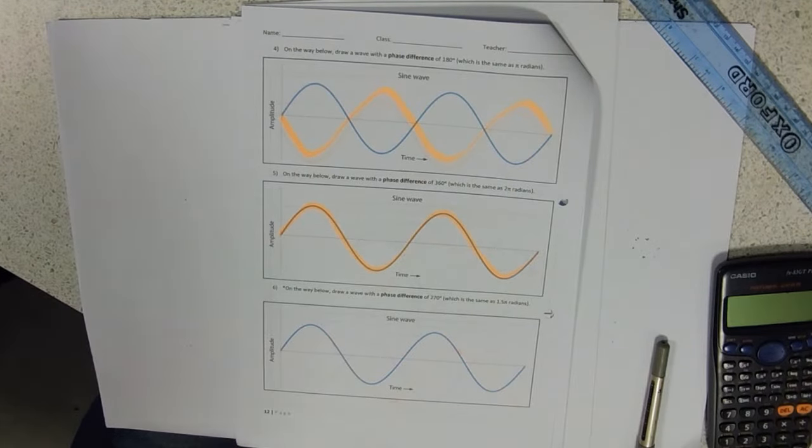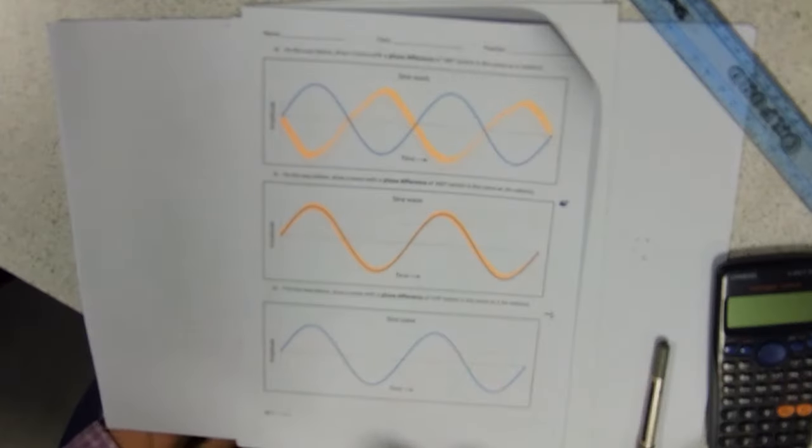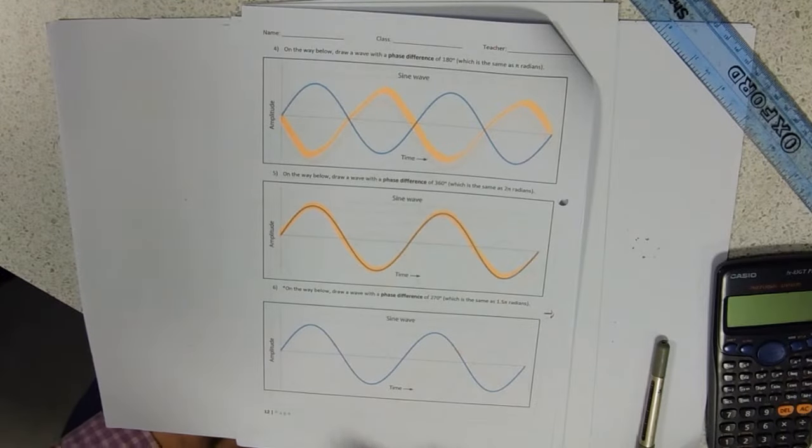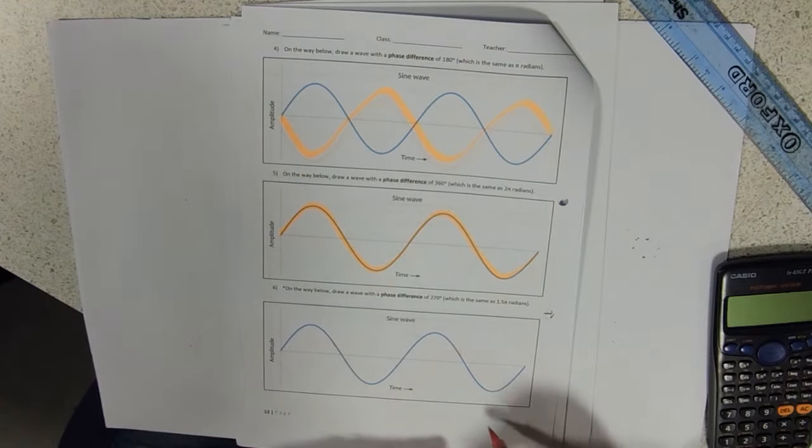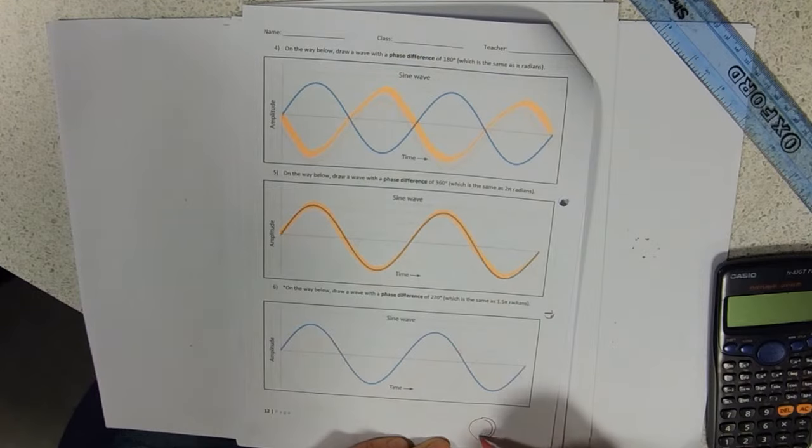There we go. And then draw a wave with a phase difference of 270 degrees. So 270 degrees is, if I draw a circle here, 360 all the way around, so 270 will be kind of 3/4 of the way around, which is 1.5 radians.